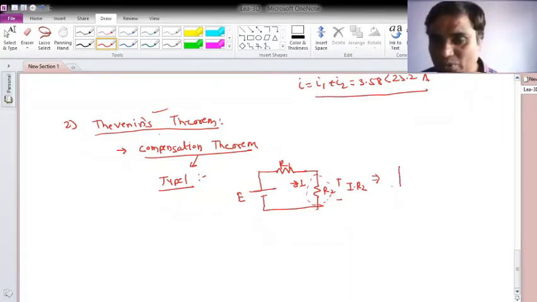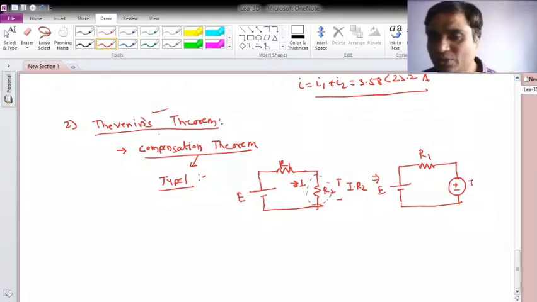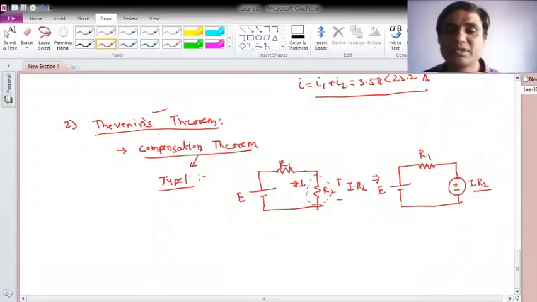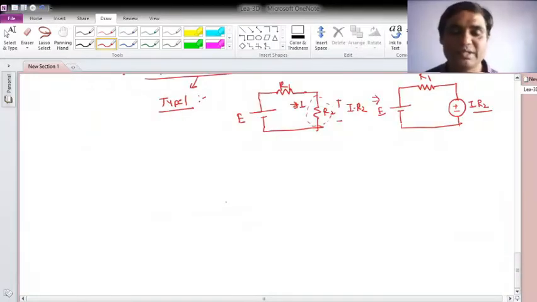So according to the compensation theorem, I can replace any element by a voltage source with this polarity, with E, this will be my R1, and this value will be the drop across R2, which is I into R2. This is basically compensation theorem type 1, and type 2 generally will not be used here. Type 2 is applicable for sensitivity analysis. Okay, so with this, let me prove Thevenin's theorem.